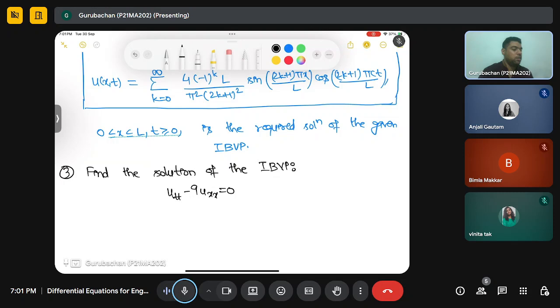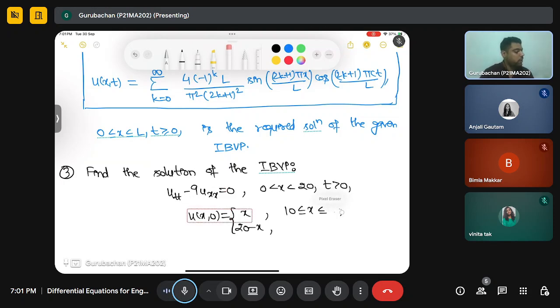Here we have fixed the constant, and also we have fixed the value of L, that is 20, and t is greater than 0, and our initial condition is given as u(x,0) is x(20 minus x), and our x lies between 0 to 20, and I have written the second case first, so it will be 0 to 10 and 10 to 20.